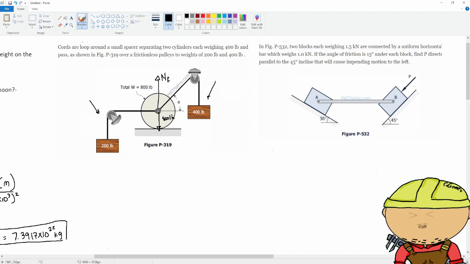There's an angle here and an NF here. I think the NF and the angle are the ones that should be asked here. There's no question in this problem. Anyways, let's deal with this problem.